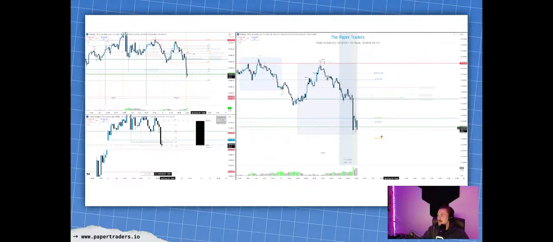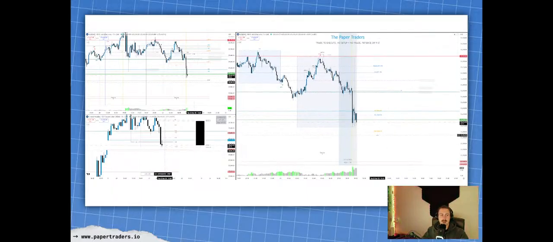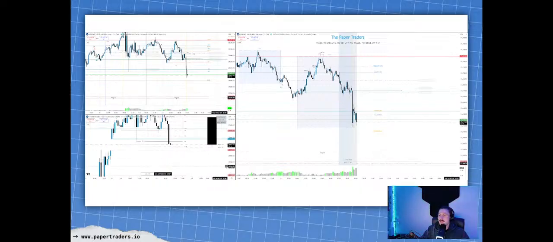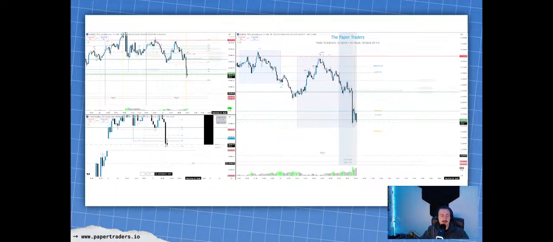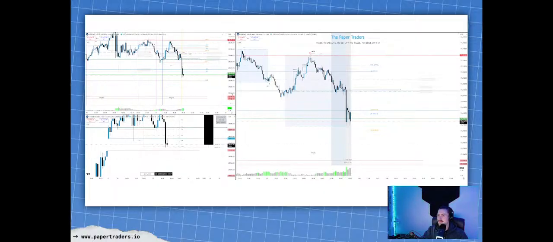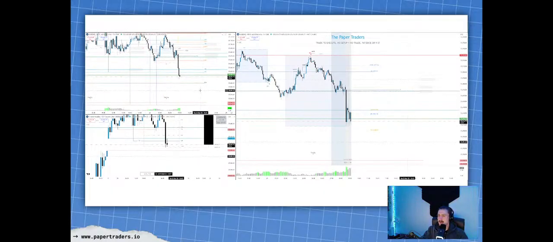Exactly. It's constant data collection that is happening here. So if you're a data driven person, trading is good. It all comes down to seeing and believing and making decisions based on the data that you have collected.